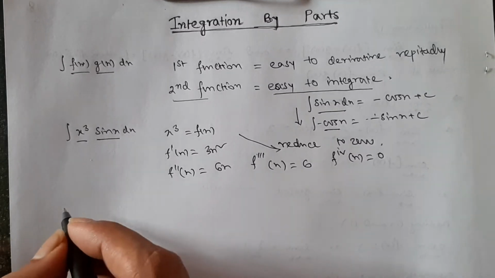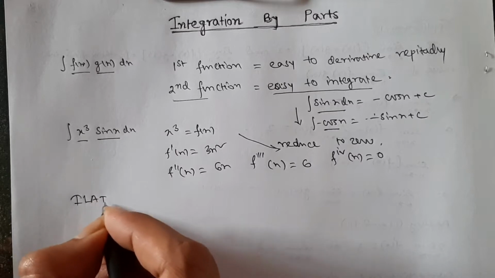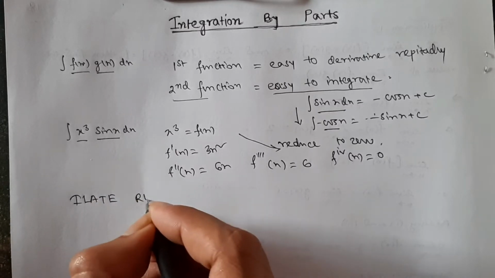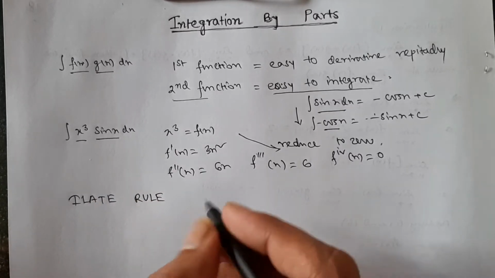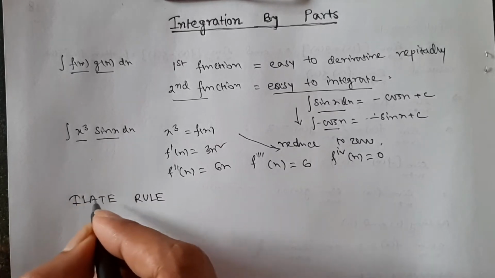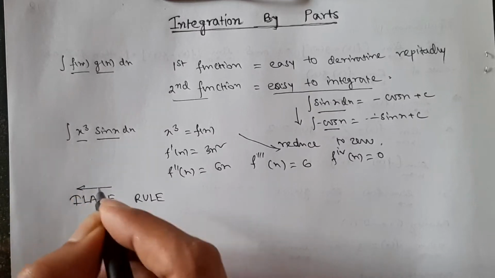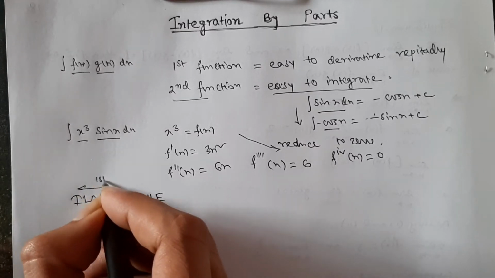There is a rule in mathematics which is called the ILATE rule. So what is the ILATE rule? The ILATE rule is to know what is the first function and what is the second function. This is the order for choosing the first function.